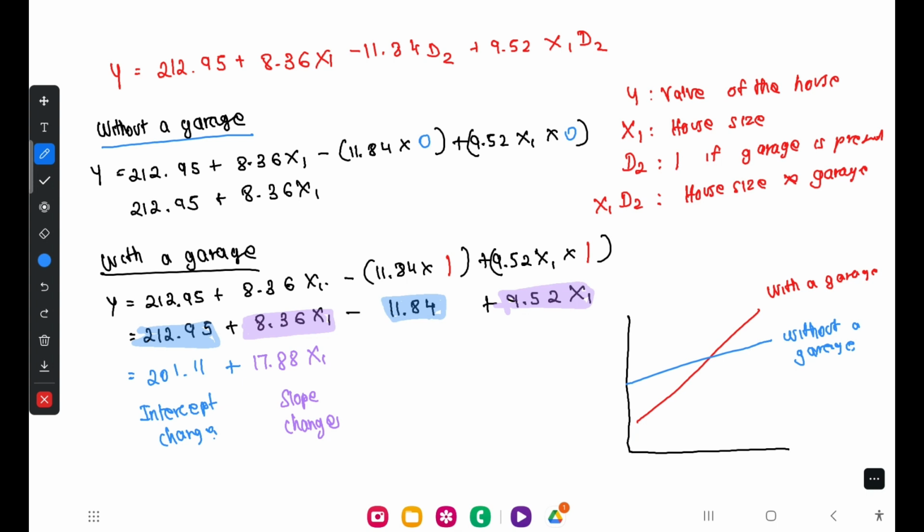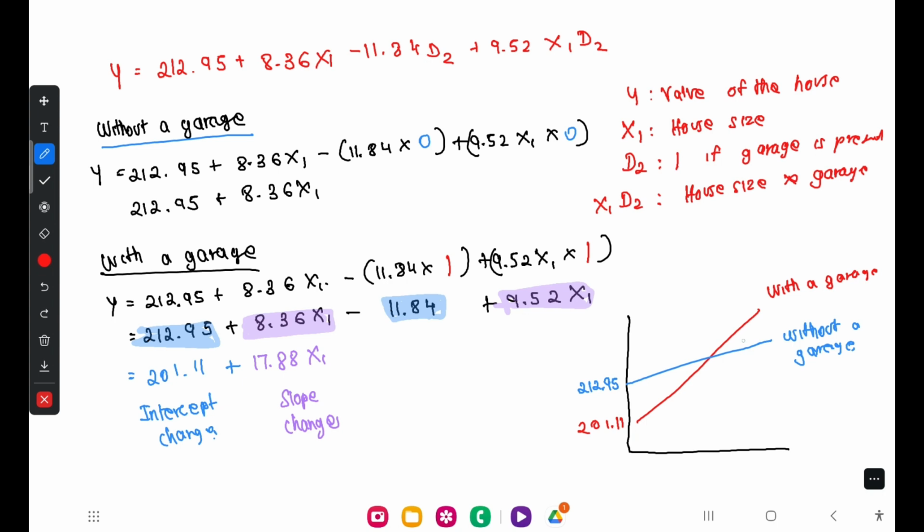If you can see, look at the intercept, guys. 212.95, and this is 201.11, and you all can see the slope has also changed.